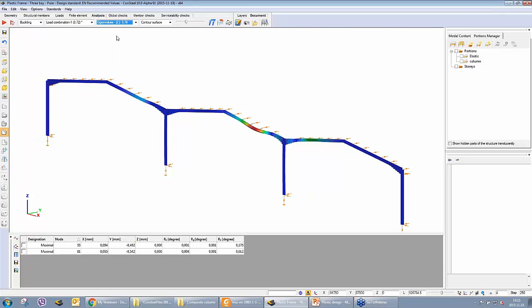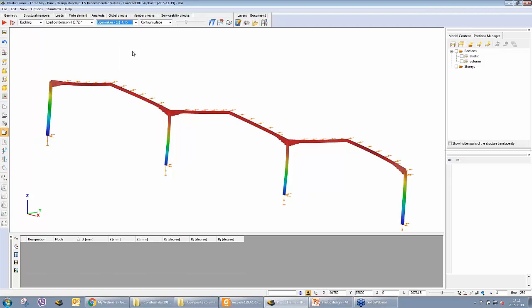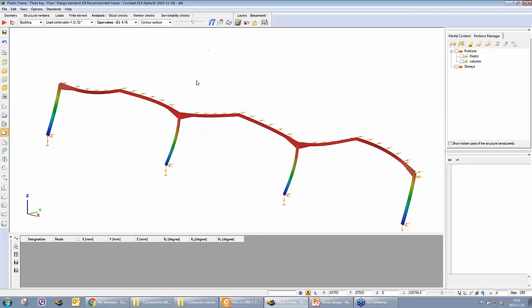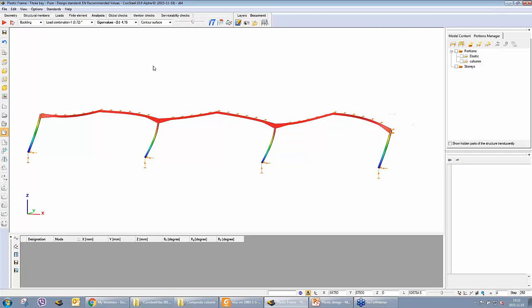We can seek other modes, and we can see that for the swaying buckling mode the critical load level is about 4.15. So quite low. The structure is quite slender and quite sensitive to second order effects in plane because of this in-plane stability.